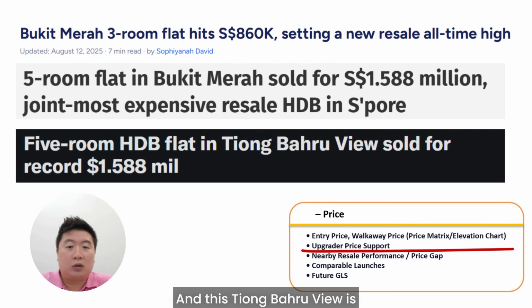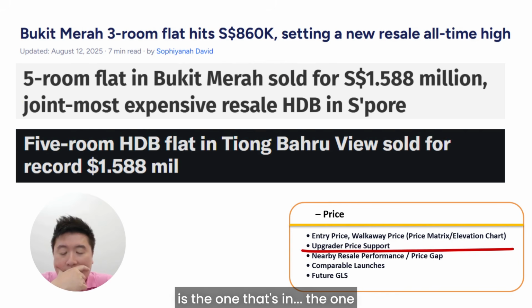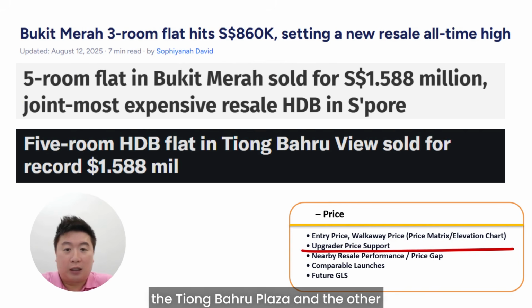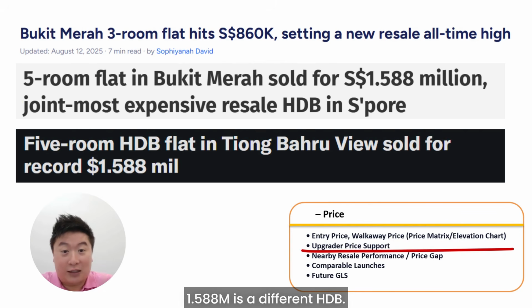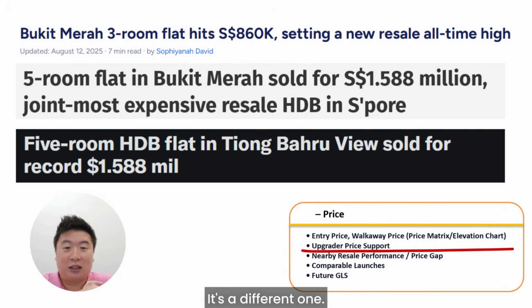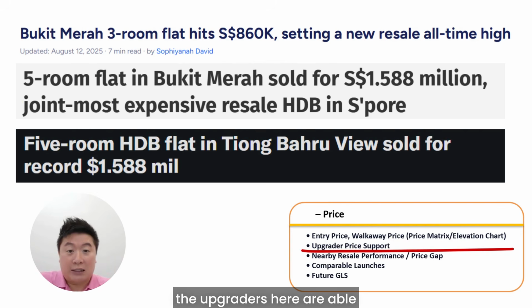And this Tiong Bahru View is the one that I mentioned earlier that's beside the Tiong Bahru Plaza. And the other 1.58 is a different HDB. This one is in the Henderson area, if I'm not wrong. Yeah. So definitely upgrader price support is there because the upgraders here are all able to sell their HDB for $1 million or more, or almost $1 million, depending on the size.